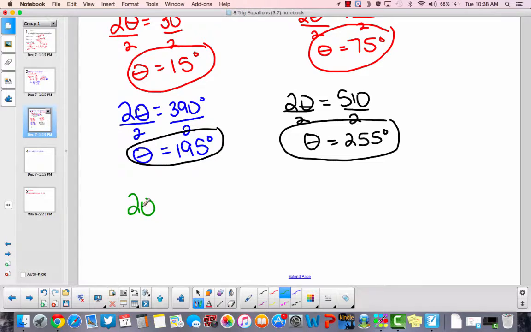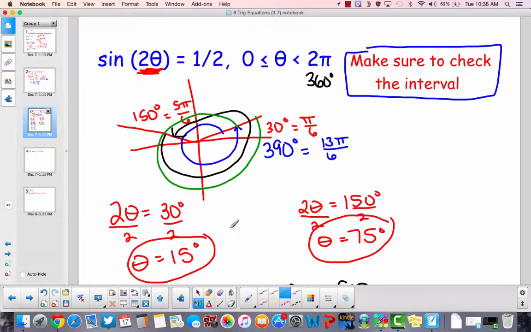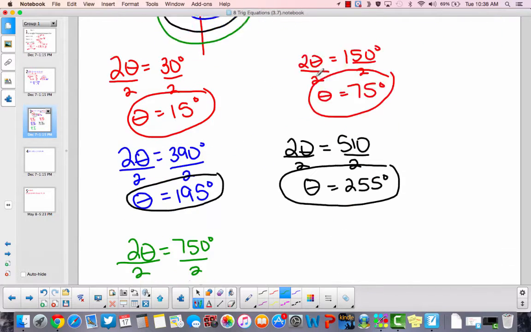Which would say 2 theta would be 750 degrees. If I divide both sides by 2, I get theta equals 750 degrees divided by 2, which would be 375 degrees. Now, is that still in our interval? No, it's bigger than the 360, so we're done.